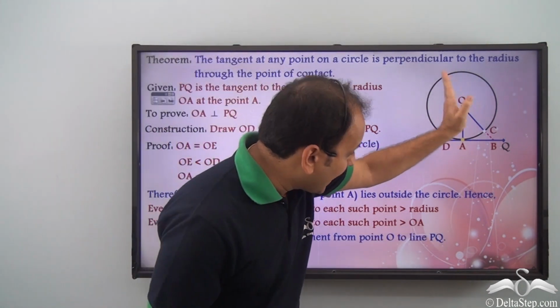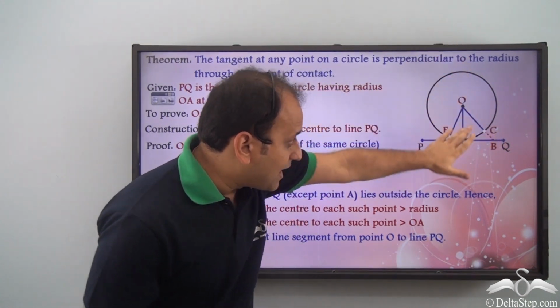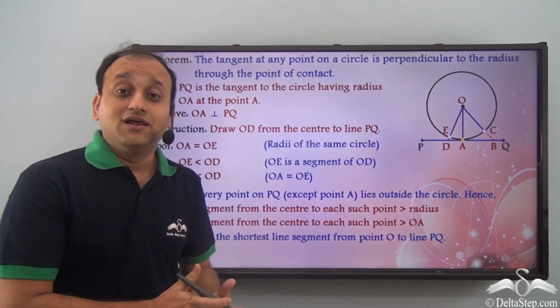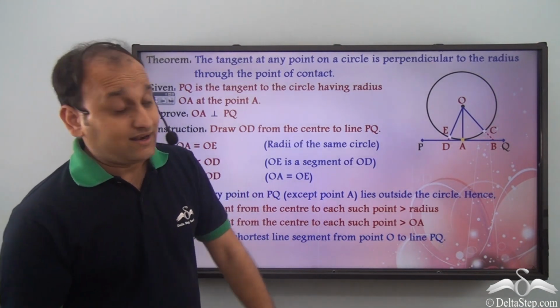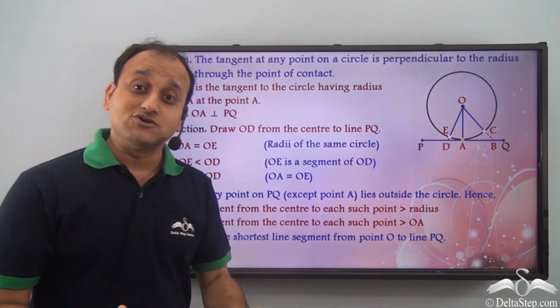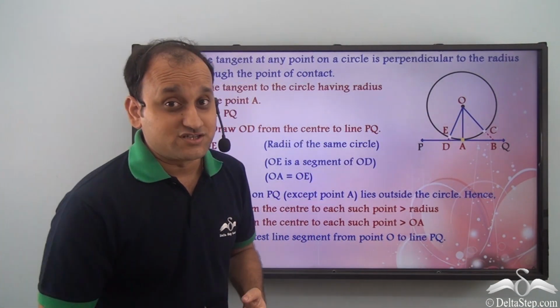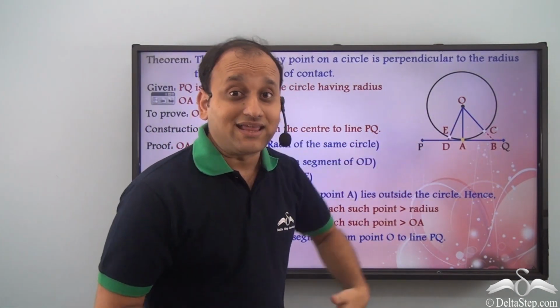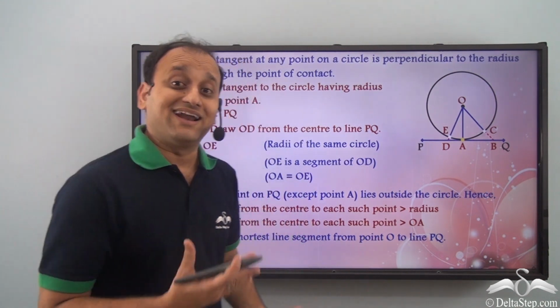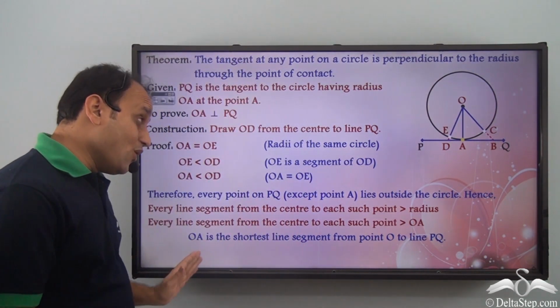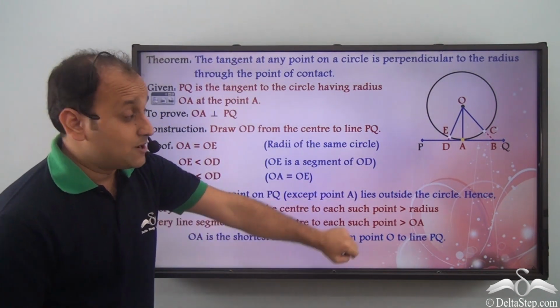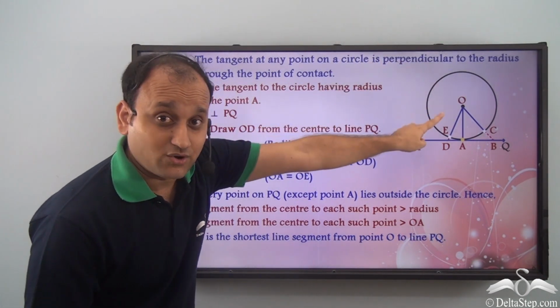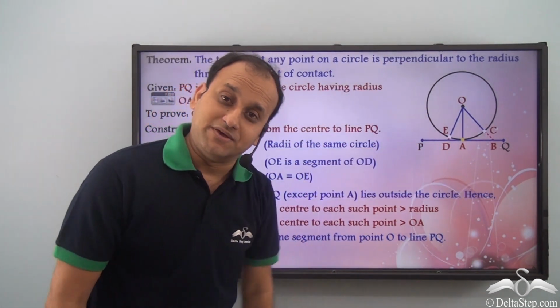Definitely, if we draw any line segment apart from OA, it will be greater than the length of OA, because OA is the radius of the circle and every other line segment will be longer than the radius. So OA is the shortest distance between the center O and the line PQ.